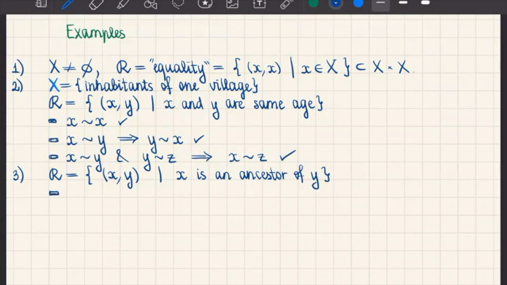You can see that even reflexivity already breaks because you cannot be your own ancestor. So this relation is not reflexive.